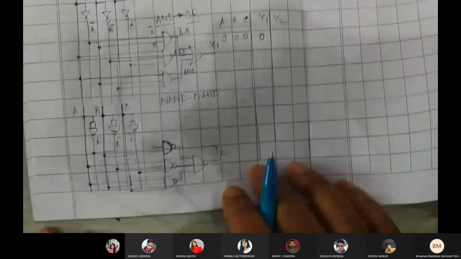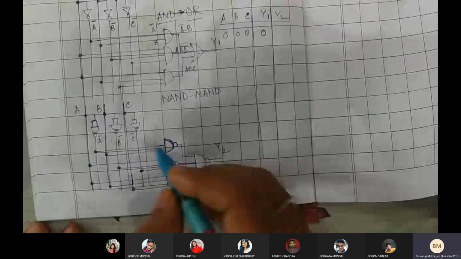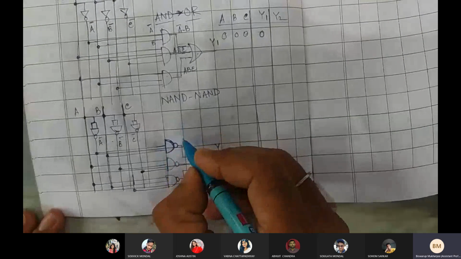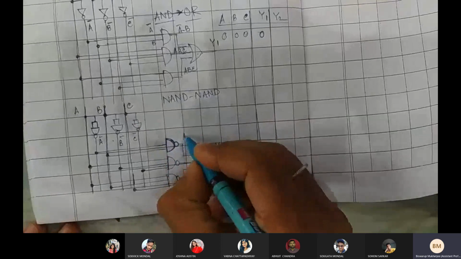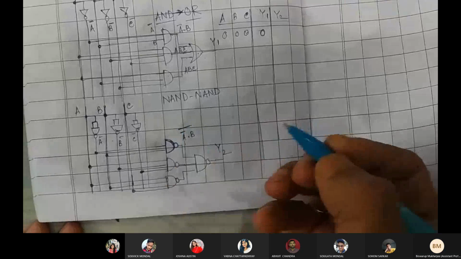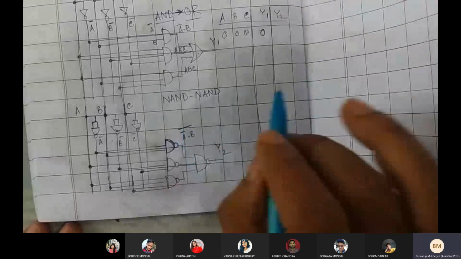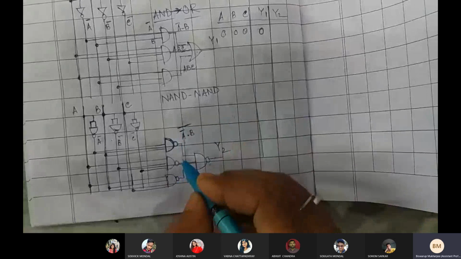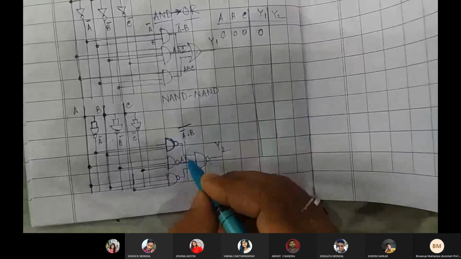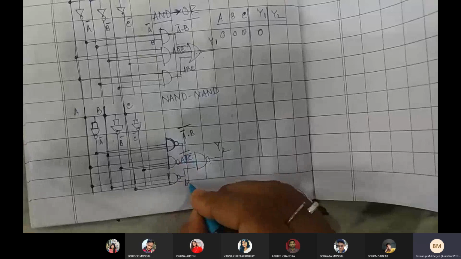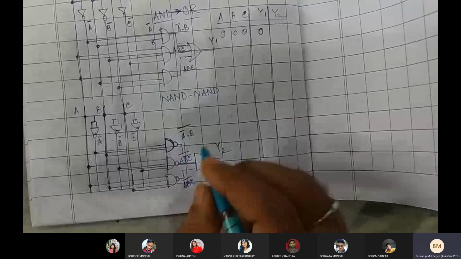Similarly, if you consider this one also, that is what is coming right over here. That is your NAND operation. That means A bar dot B whole complement, right? Then it is coming here as A B bar C bar whole complement, and this one is ABC whole complement, right?